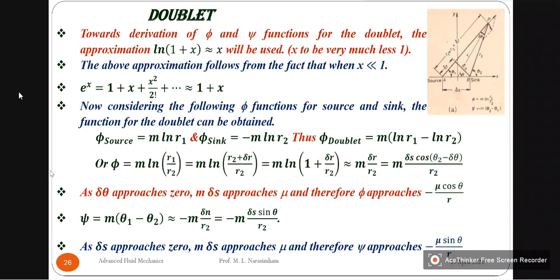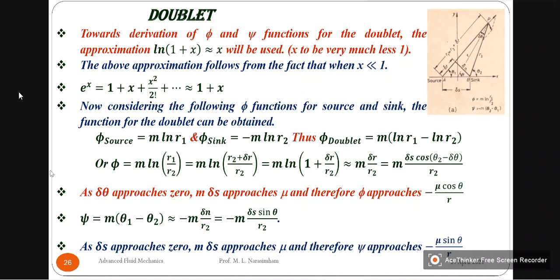The above approximation follows from the fact that when x is very, very less than 1, what is e to the power of x? The expansion of e to the power of x is 1 plus x plus x square by 2 factorial plus x cube by 3 factorial plus x to the power 4 by 4 factorial, like that up to infinity.